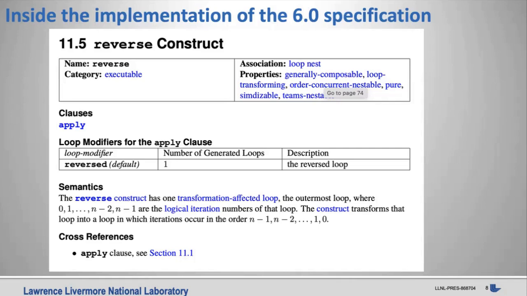But throughout the specification, when you encounter the use of an OpenMP type, construct, clause, modifier, routine, entry point, what have you, you now actually get a link to the section of the specification that details that aspect. So we think that the specification is a lot easier to use now, particularly for implementers, but perhaps even users will find it easier to navigate.